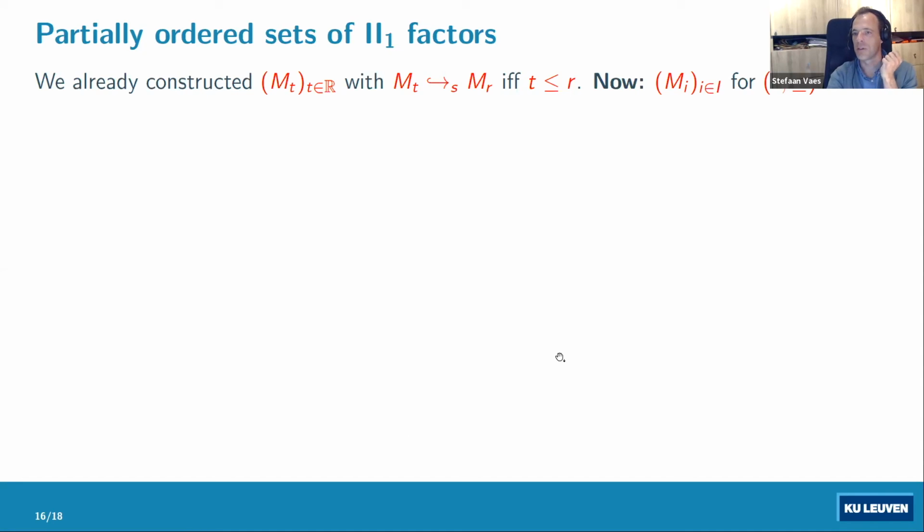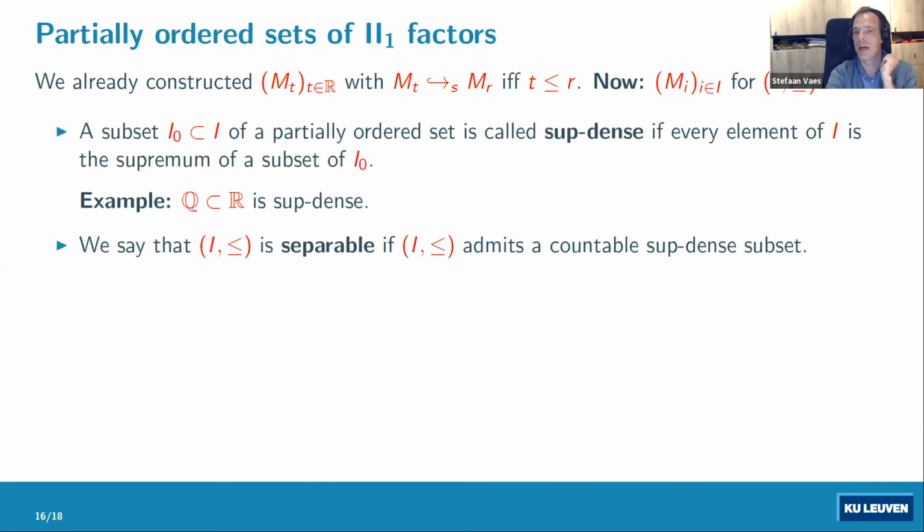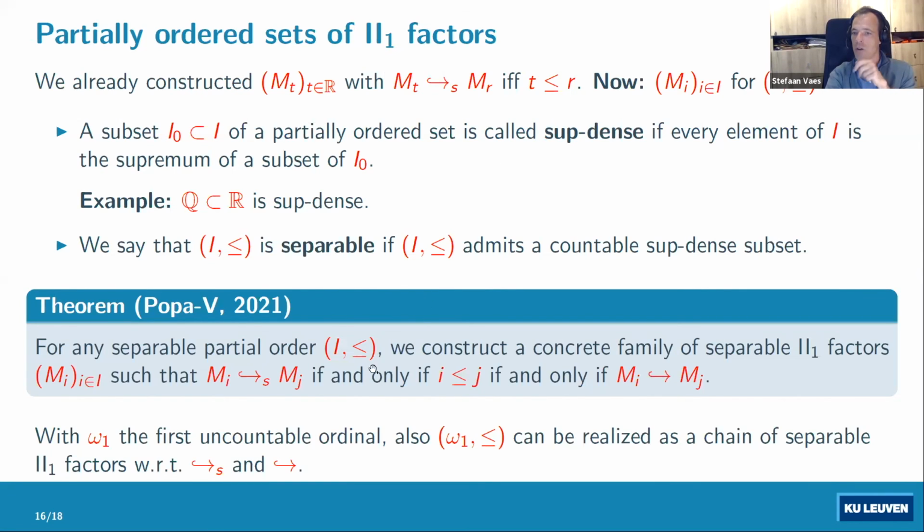So I had this concrete construction that I showed you earlier, where you have this chain of II_1 factors, where M_T can be abstractly embedded into M_R, even only if T is smaller or equal than R. Well, actually, you can now exploit the previous result and build, I will come to the conditions in a minute, for any partially ordered set, in a concrete way, a family of II_1 factors M_i, and you prove that M_i can be abstractly embedded into M_j, even only if i is smaller or equal j in this partially ordered set.